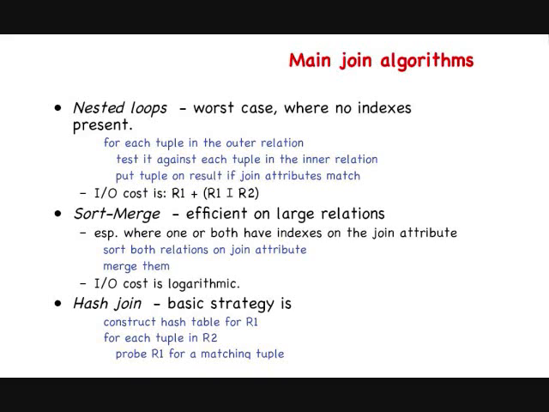So then we have sort merge. Sort merge is efficient on big things. If you've got something big, it probably pays you to do sort merge, even if they're not appropriately sorted, appropriately organised to start with, because you can figure that this is going to get really expensive as you get into two fairly big relations. Whereas sort merge: sort both relations on the join attribute, and then just merge.